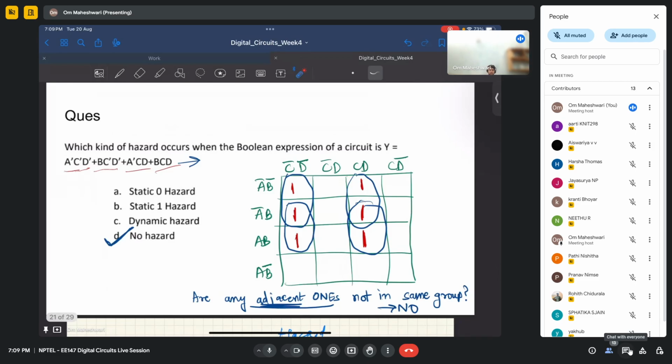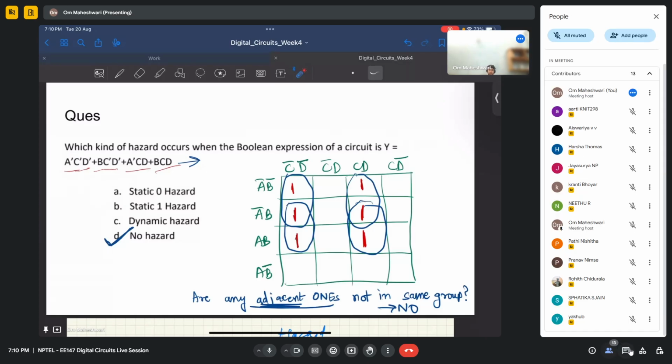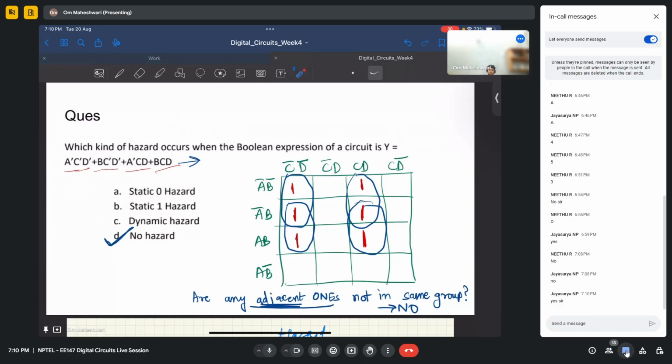Okay, so is this question clear? All right. So again, when you have to find if there is a hazard or not, you make a K-map and see.